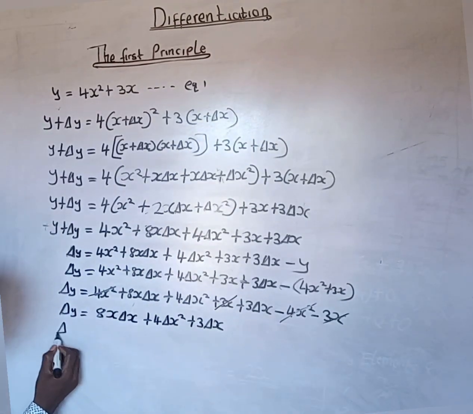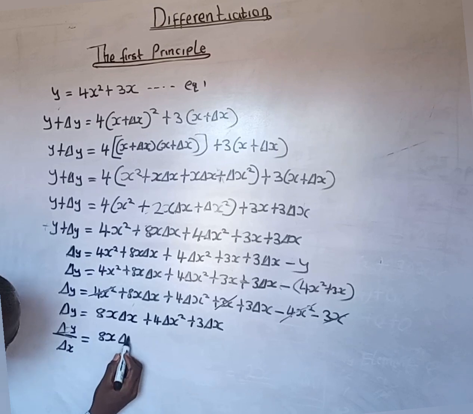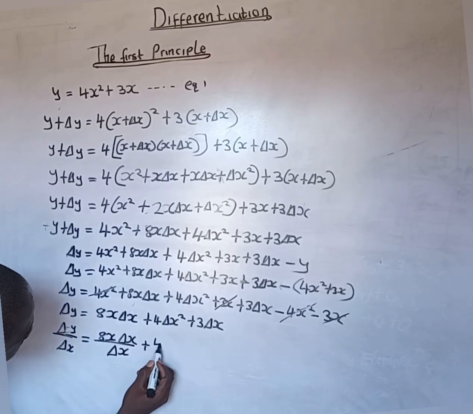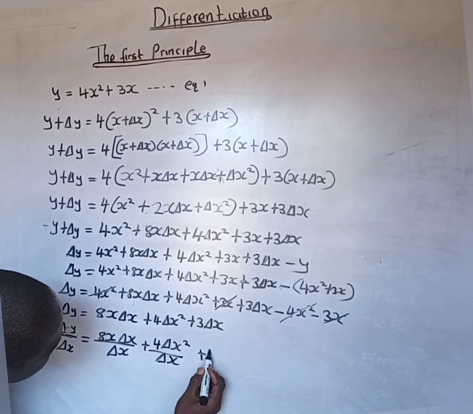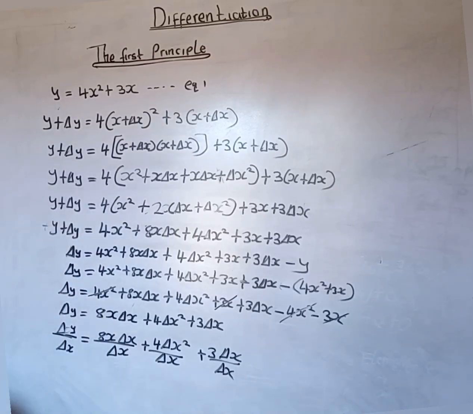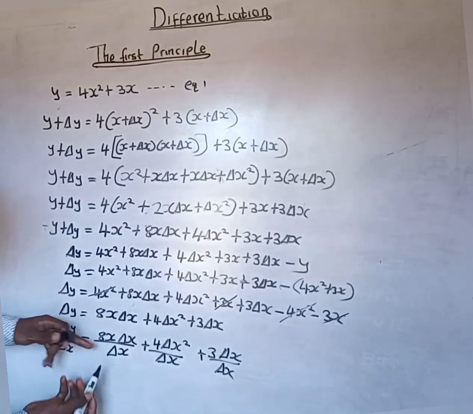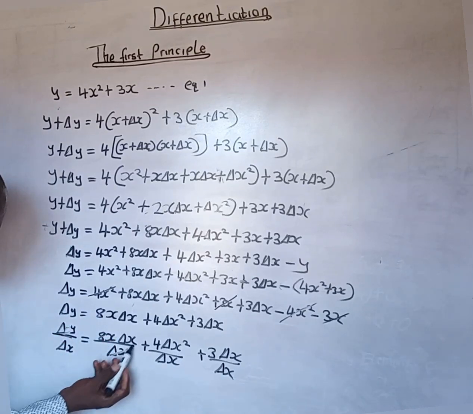So I'm going to be having delta y over delta x is equal to 8x delta x all over delta x plus 4 delta x squared all over delta x plus 3 delta x all over delta x. Now, if you can see, I have one delta x here, I have one delta x here. So this delta x, we cancel this delta x.